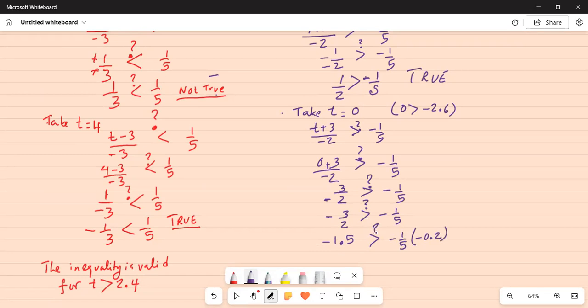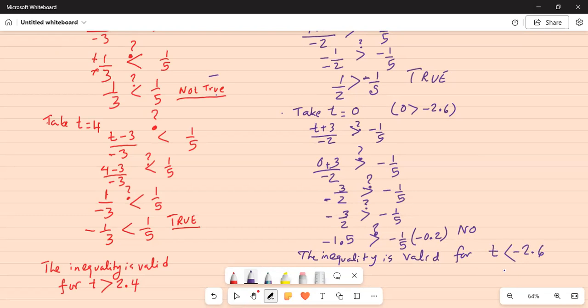Answer is no. Okay. So the inequality is valid for t less than minus 2.6.